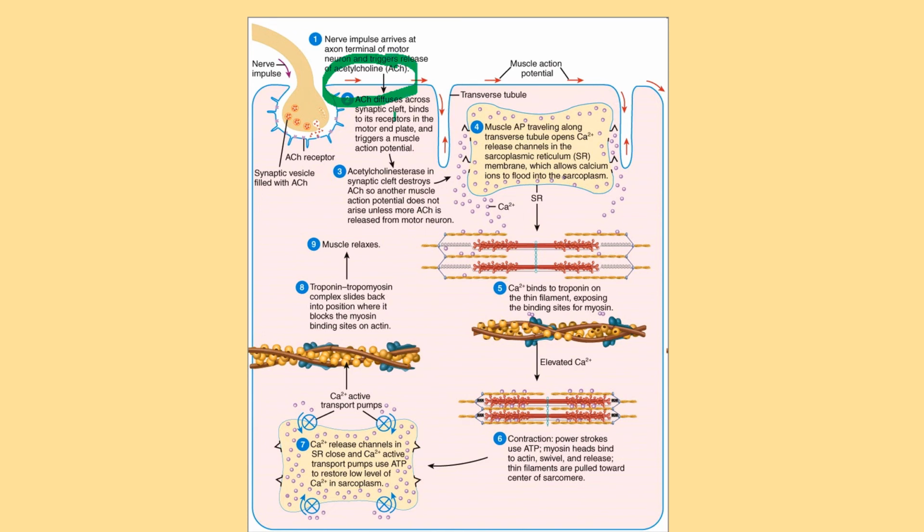And then we go through all of these processes here before we actually see cell shortening. So all of the events that occur between these 2 points, between point number 1 on this figure and point number 6 on this figure, the time it takes for those events to occur gives rise to what we observe as a latent period.